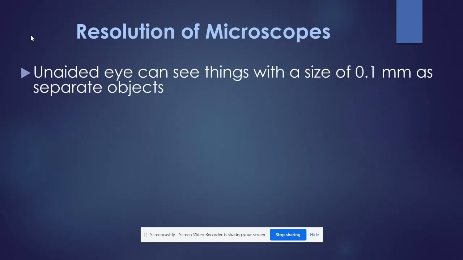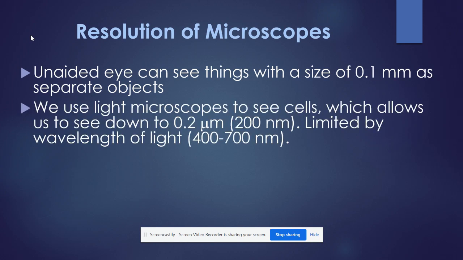All right, resolution of microscopes. Now, according to the book, I did find this hard to believe, but the unaided eye can see things with a size of 0.1 millimeters as separate objects. So we use light microscopes to see cells, which allow us to see down to 0.2 micrometers, which is equal to 200 nanometers.